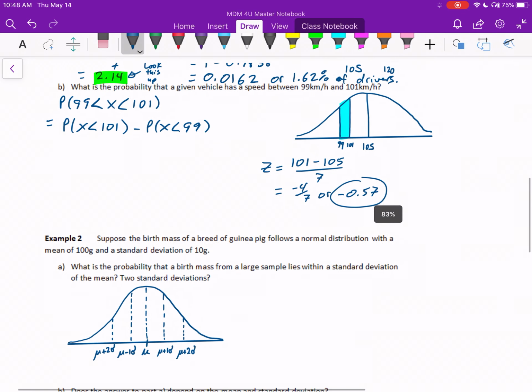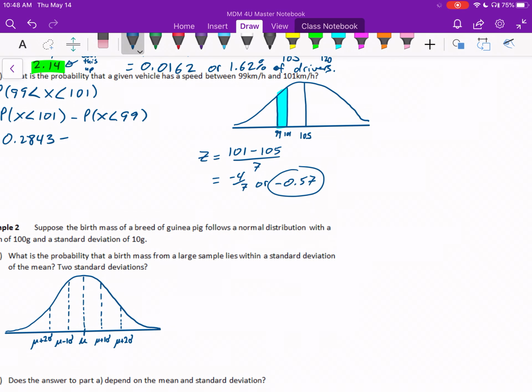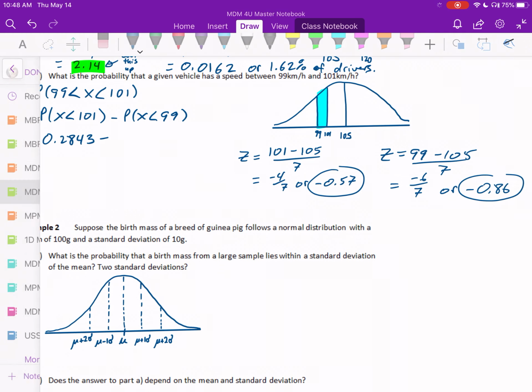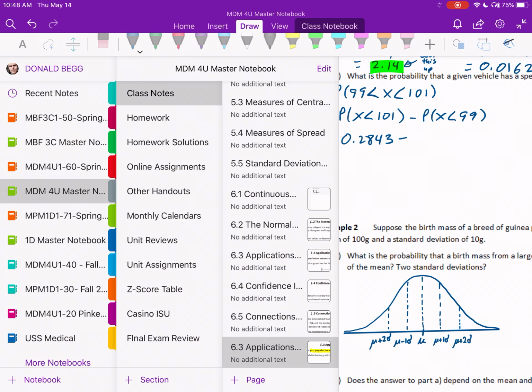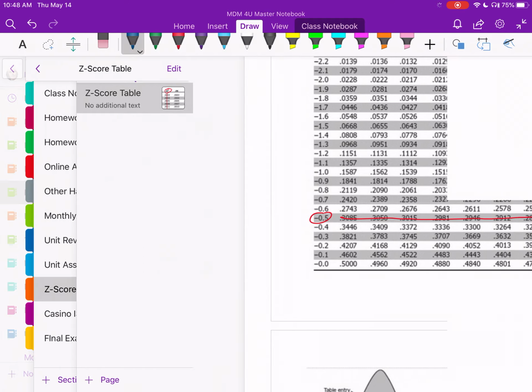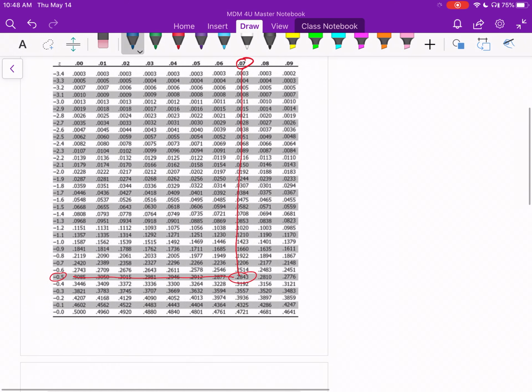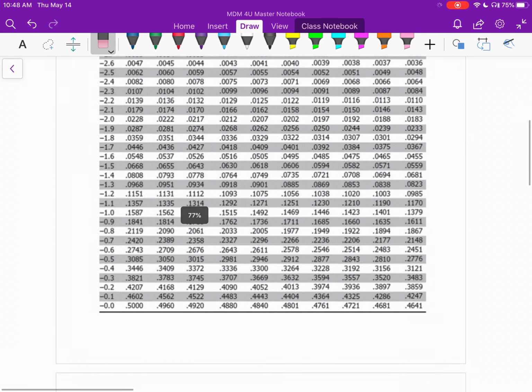And then I'm going to do it again for an x value of 99. That equals negative 6 over 7, which is approximately equal to negative 0.86. That's the next one we have to look at. Let's get rid of this so that we have a clean thing to look at.